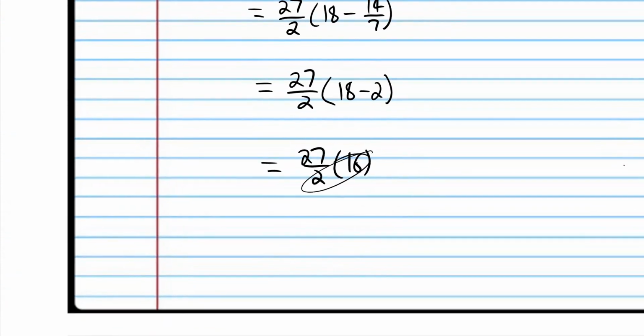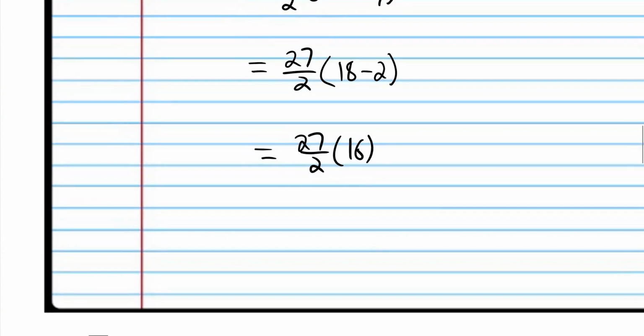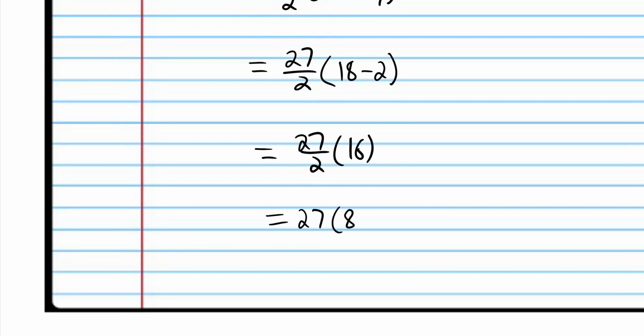And then you can cancel here, so 16 over 2 is 8, so we're left with 27 times 8, and 27 times 8 is 216.